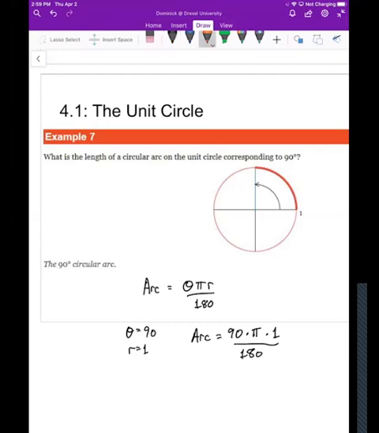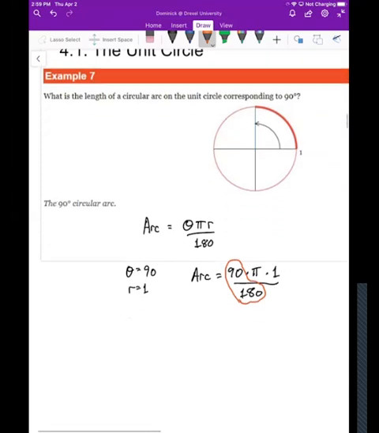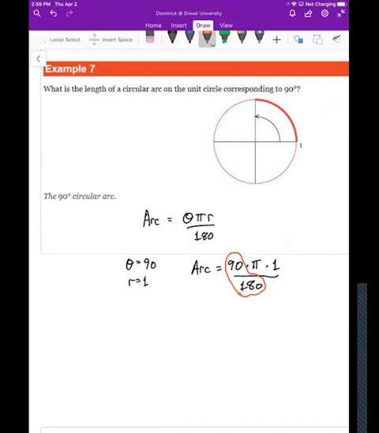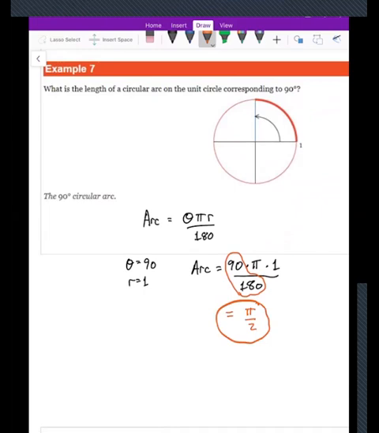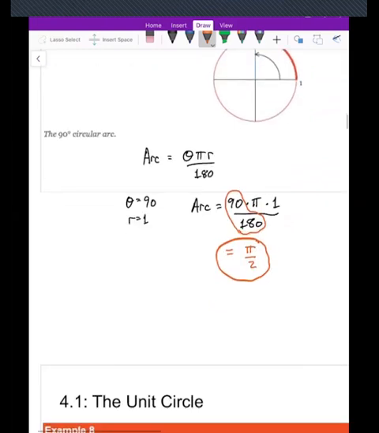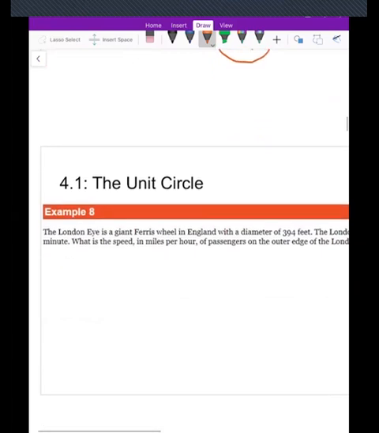And for the most part, we usually leave our pi's in our answer, and we just reduce our fraction. So 90 over 180 would, of course, be 1/2. So we could say this is an arc of pi over 2. All right, so that's the length of that arc there. Okay, so that's that example.